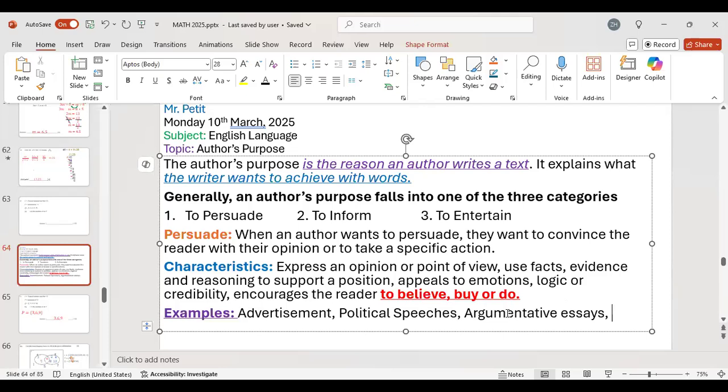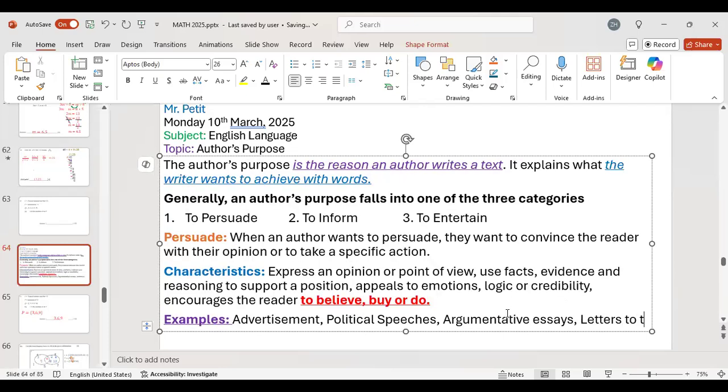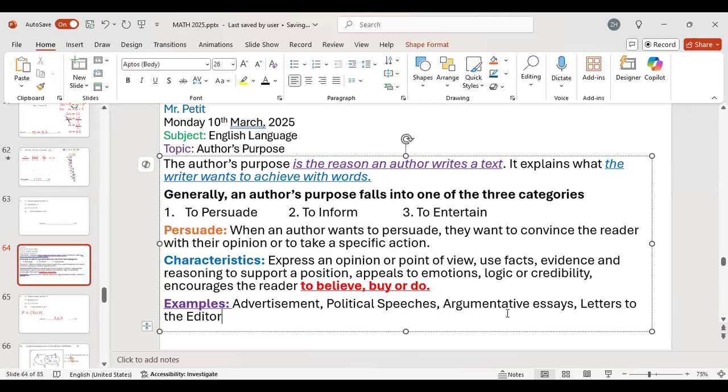Okay. Then you have letters to the editor. You all familiar with letters to the editor? Ever heard of it before? So a letter to the editor is when a person from the audience, let's say of a newspaper, wants to express their opinion.